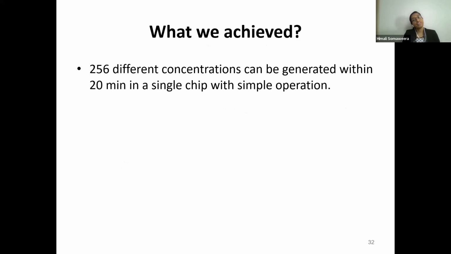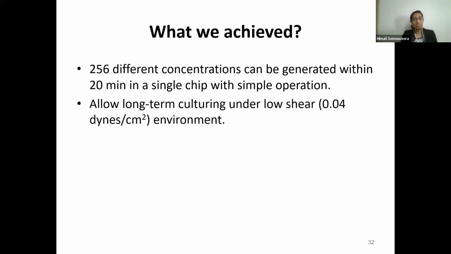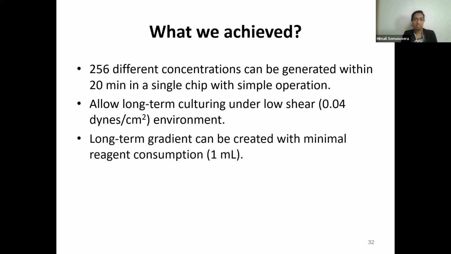So what we achieved in these 4 years of studies is that 256 different concentrations can be generated within 20 minutes in a single chip with a simple operation, and also can be used for long-term culture under a low shear stress environment.